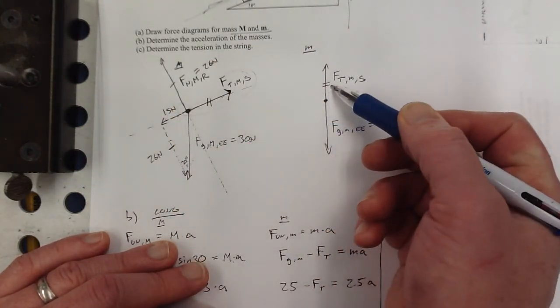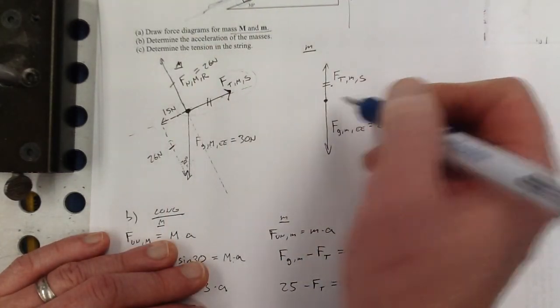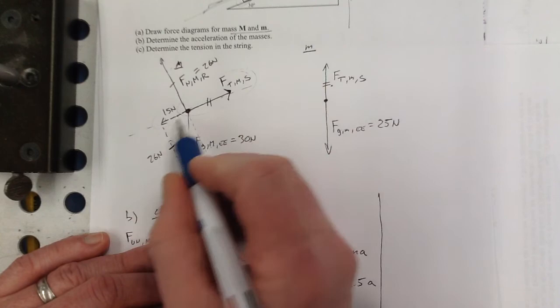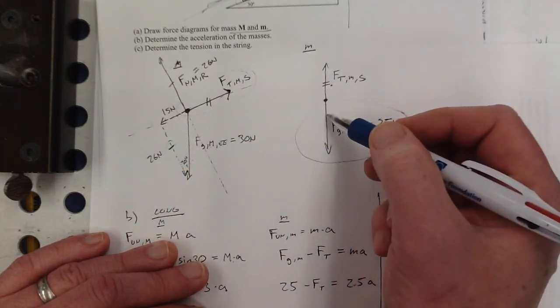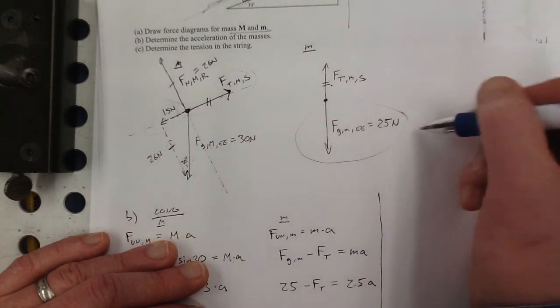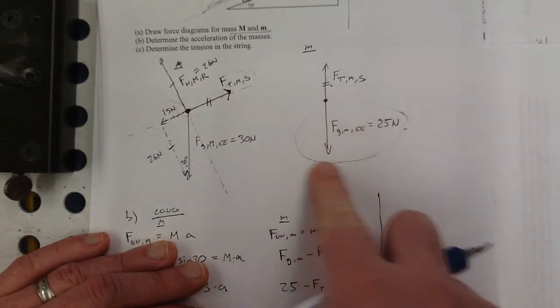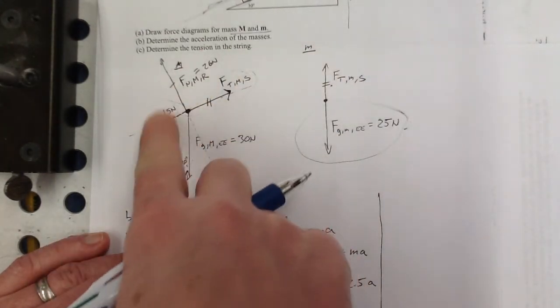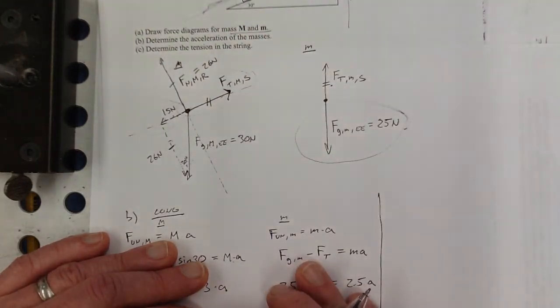So the only things that are actually in the line of motion and not canceling out are this in the direction of this. So this is winning and this is losing, right? This winning, this losing, because this is going down, this is going up the ramp.